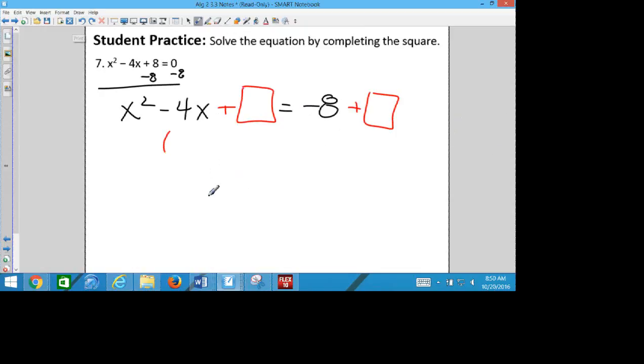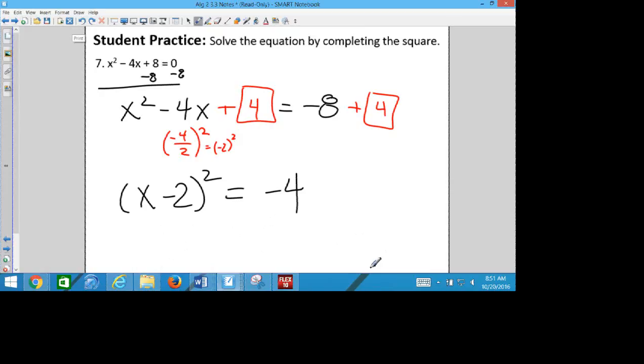We're going to complete the square by doing negative 4 divided by 2 squared. So negative 4 divided by 2 is negative 2. Squared is 4. And then we factor it. x minus 2 squared equals negative 4.